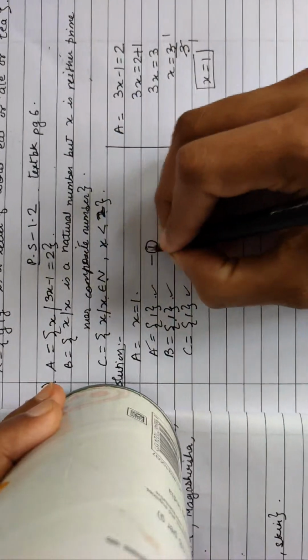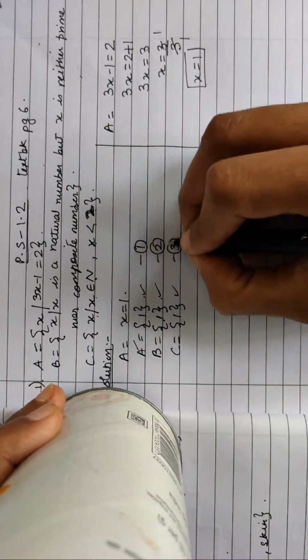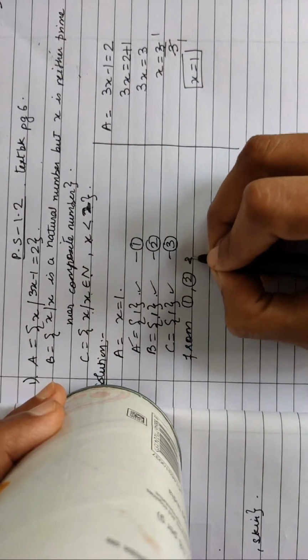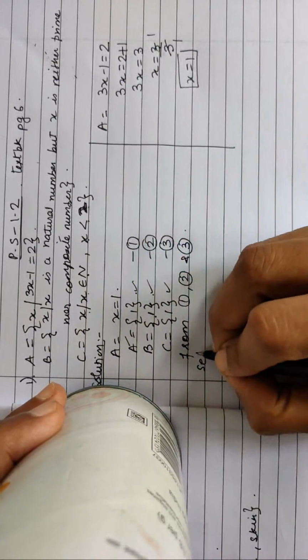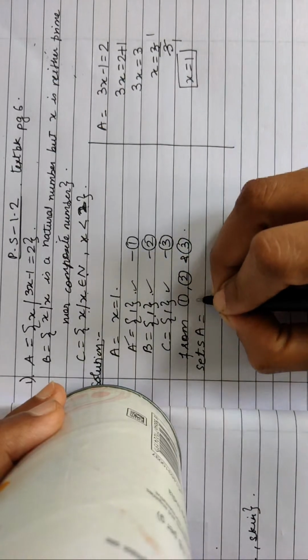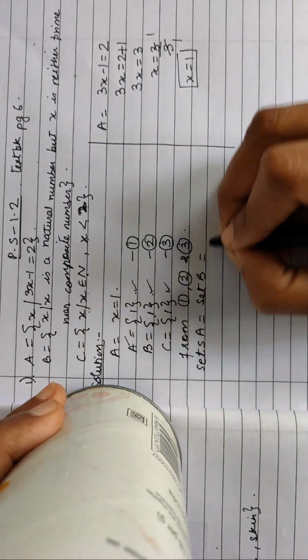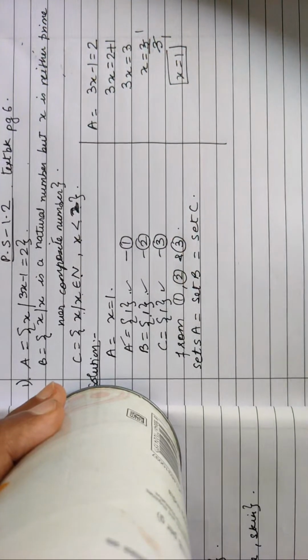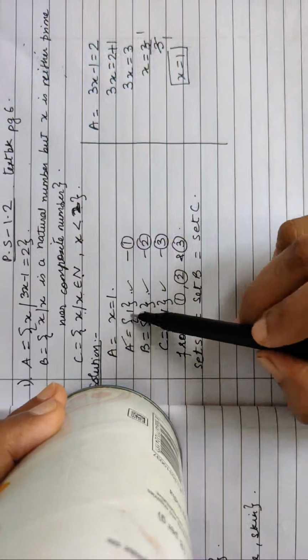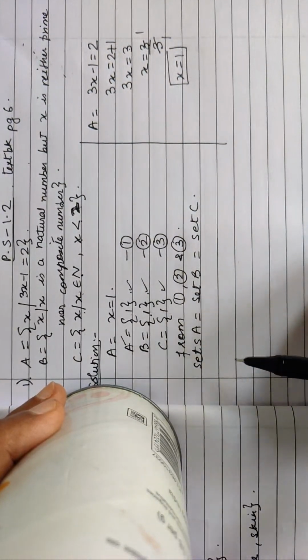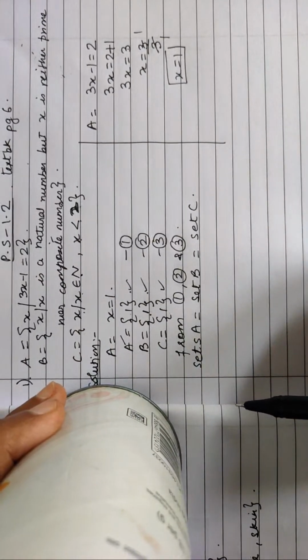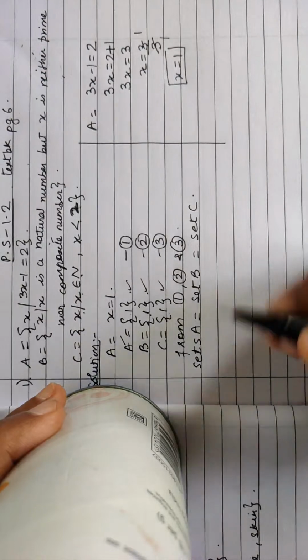If I number them as 1, 2, 3, set A is equal to set B is equal to set C. Or you can say all the sets are equal and they have only one element in common, that is 1. Or you can also say all the three are singleton sets.